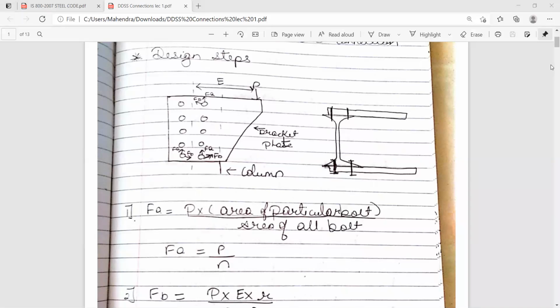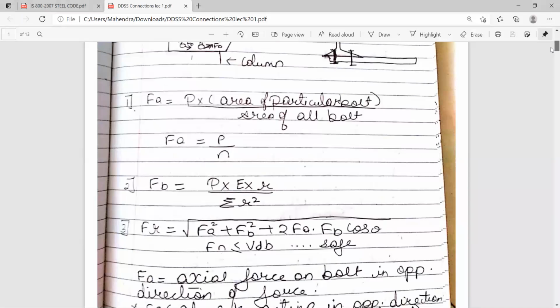Then the formula to calculate FA is P into area of the particular bolt upon area of all the bolts. And again, FA will be equal to P by N. And FB will be equal to P into E into R upon summation R square.